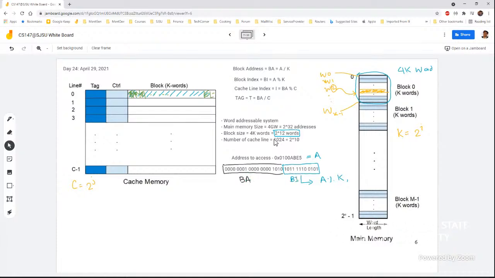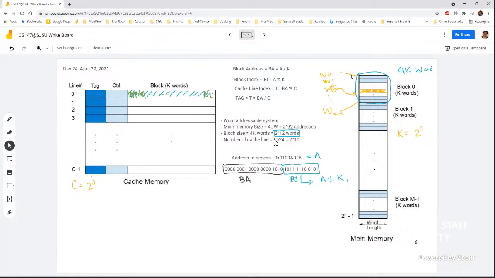Since it is a power of 2, we can avoid the real calculation of modulus, and just pick up these 12 bits, and that would always be the address mod K in this problem.